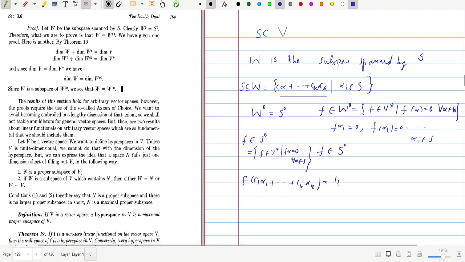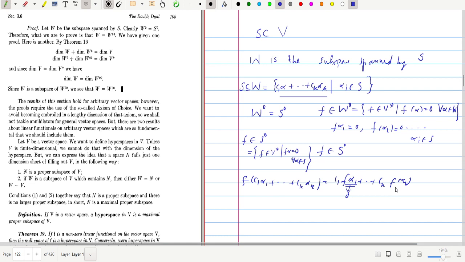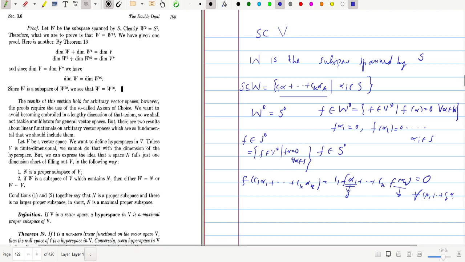So this is equal to C1 F of alpha 1 plus etc. Ck F of alpha k. Consequently, these are all 0, because alpha 1, alpha 2, alpha 3 are elements of S, and F belongs to S naught. So you get this equal to 0. This is for any arbitrary element of W. So this shows that F belongs to W naught.